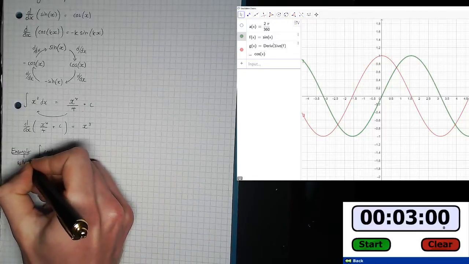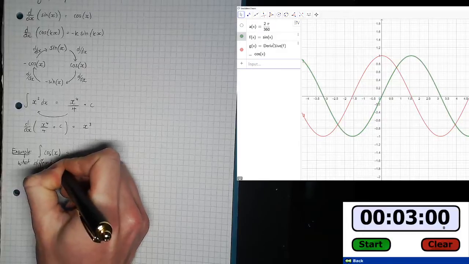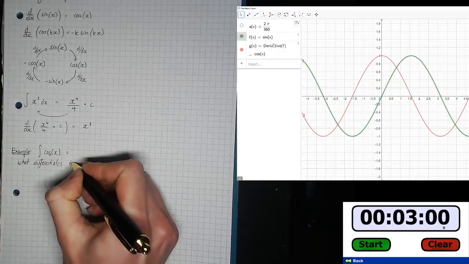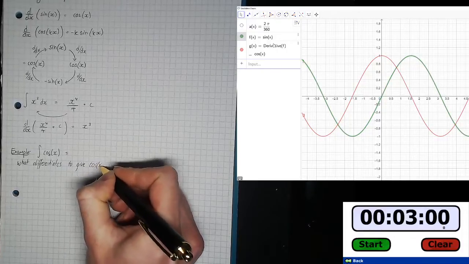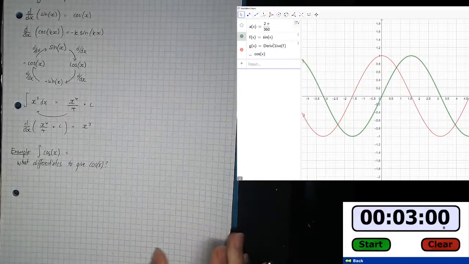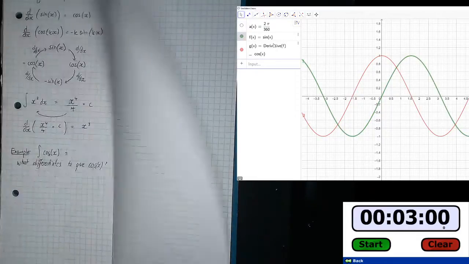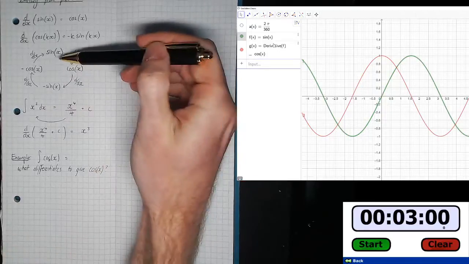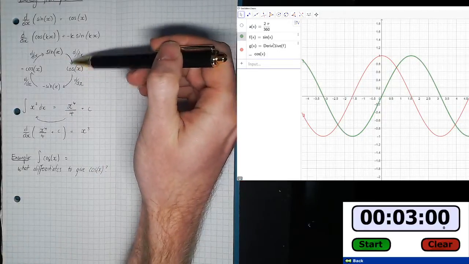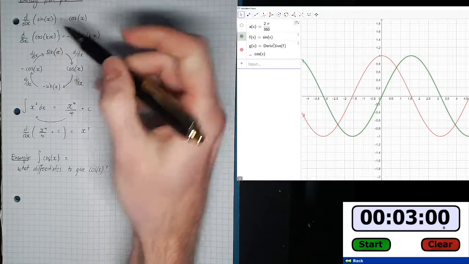Okay. So what differentiates to give cos x? Well, if we look at our little wheel of knowledge from earlier, what differentiates to give cos x? Well, that's sine x.